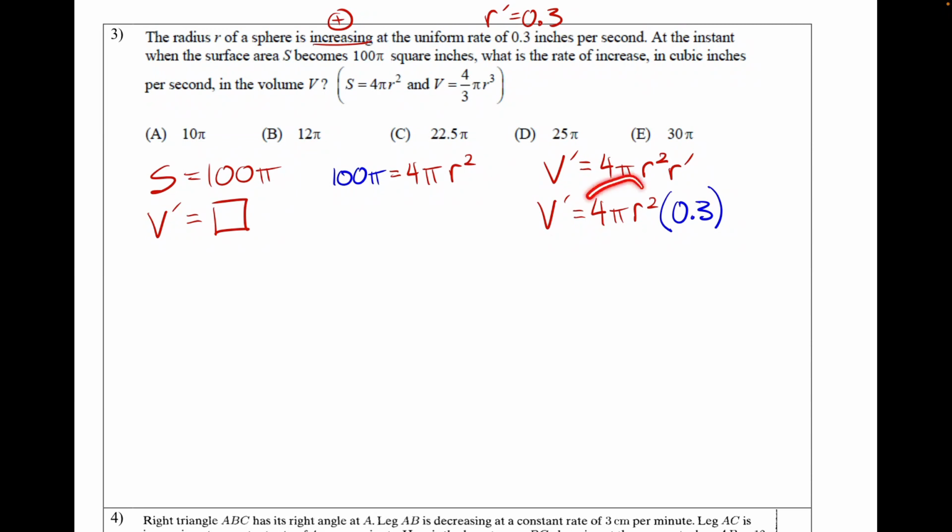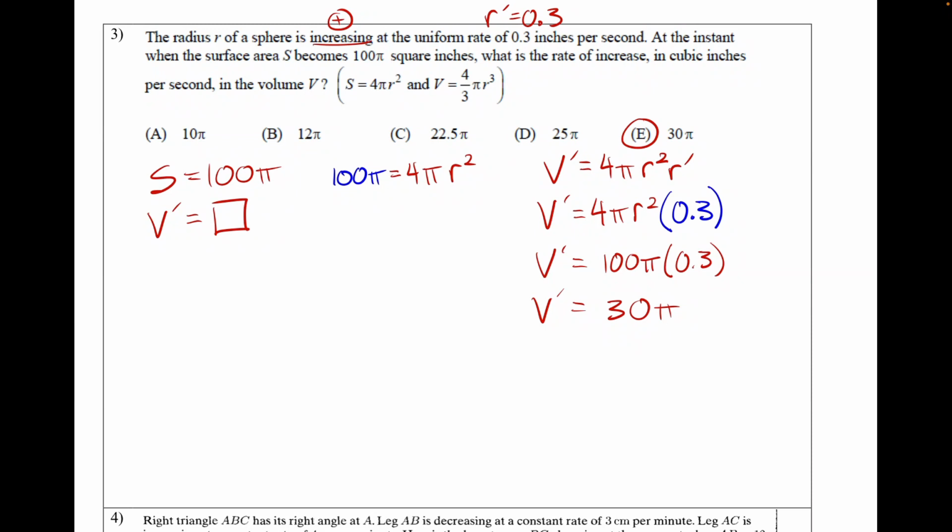Do you notice that there's a 4 pi r squared there? They are the same value, which means this 4 pi r squared is 100 pi, because this 4 pi r squared is also 100 pi. I could do this the long way too, but the shortcut is to just swap out this 100 pi into this 4 pi r squared and say, all right, I'm done, and say v prime is equal to 100 pi times this 0.3, and v prime is equal to 30 pi, therefore the answer is E.